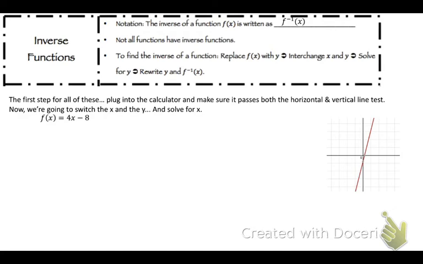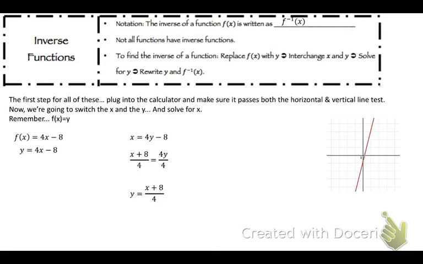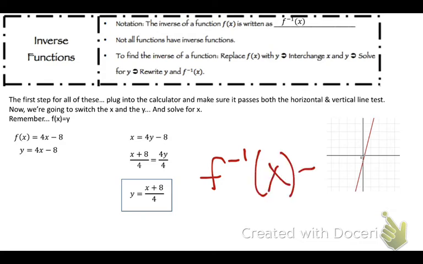Now we're going to switch the x and the y. f of x is very similar to y, so that's going to be y equals 4x minus 8. Then let's switch our x and y. So you get x equals 4y minus 8, and solve this for y. Add the 8 over, divide by 4. That means y equals (x plus 8) over 4, which is our inverse. That is saying that f inverse of x equals (x plus 8) over 4.